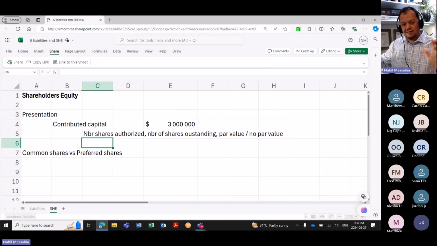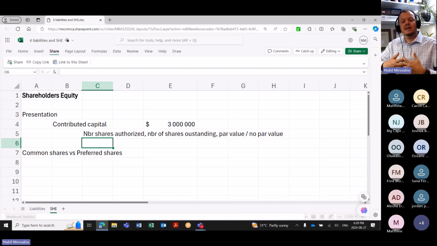You need it. So the $1,000 per bond, the face value or the par value, it has a use. But for shares, it does not have any concrete use. That's why it is optional.